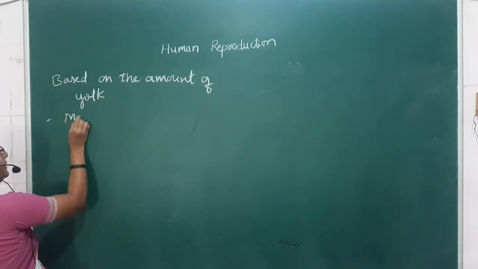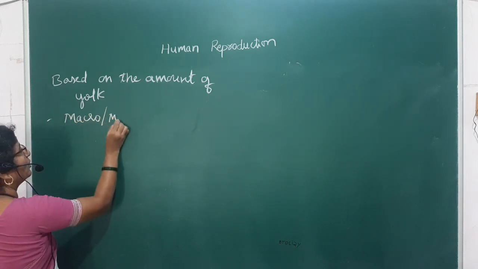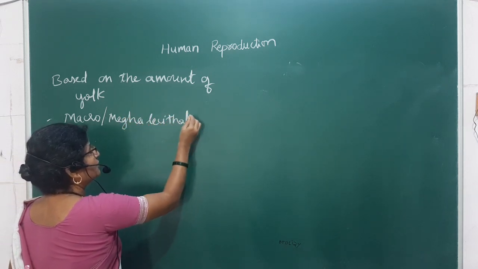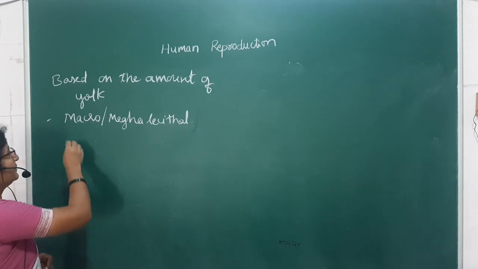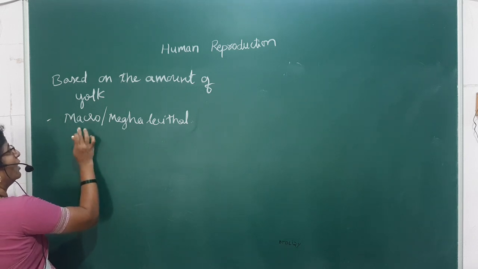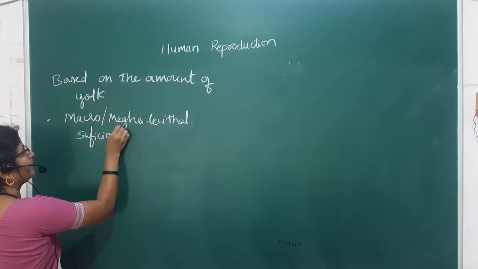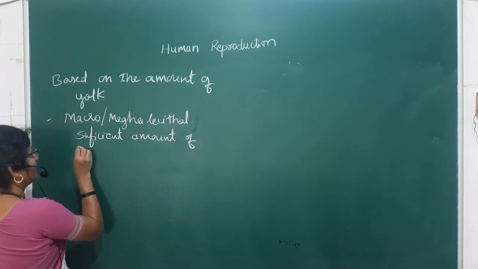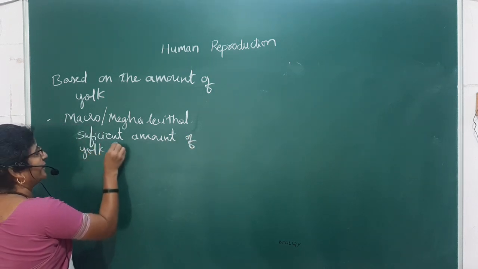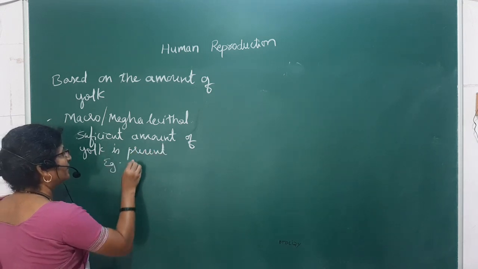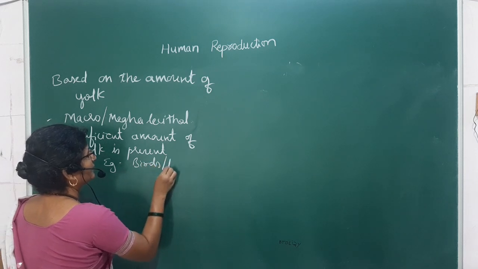That is macrolecithal, or it is also called as megalecithal. Here a large, or sufficient, amount of yolk is present.